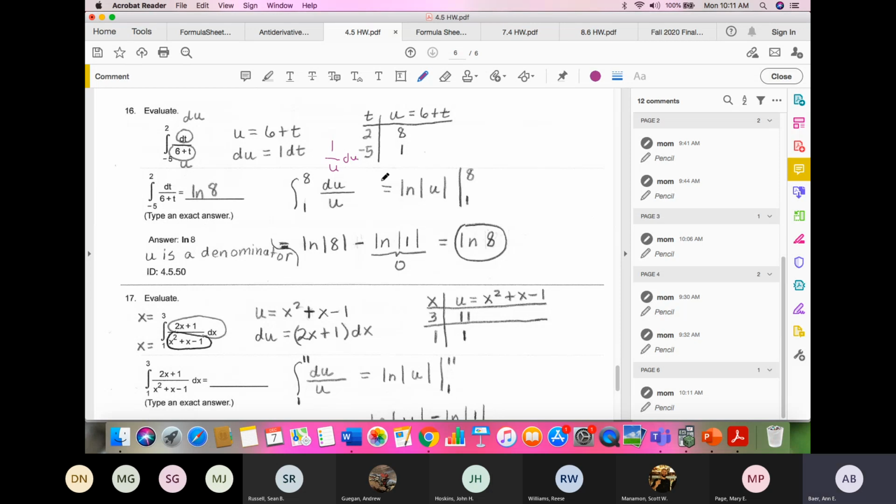So that's integrating 1 over u, which is really 1 over x. That's natural log. But in this case, it's natural log of the absolute value of u, because we're not using x, we're using u. So it's ln of the absolute value of u, evaluated from 1 to 8, or you could say 8 to 1.